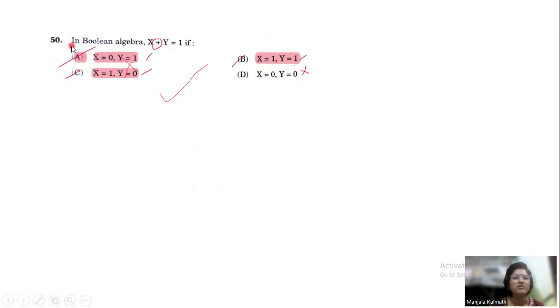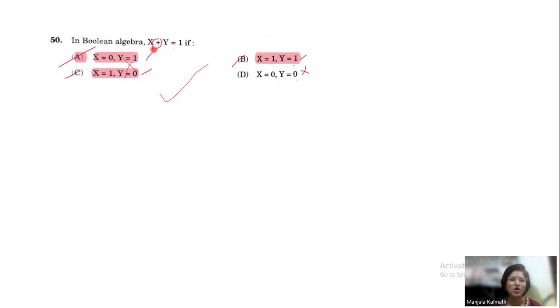Then next, here we have in Boolean algebra, x plus y equals 1. In Boolean algebra, x and y will take the alternative values 0 as well as 1. In the case of OR, when all the inputs are false, then only the output will be false.